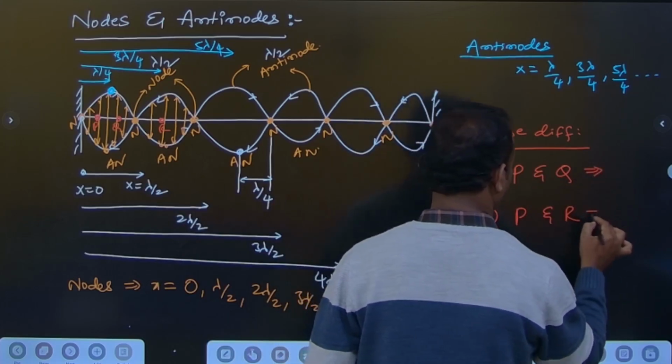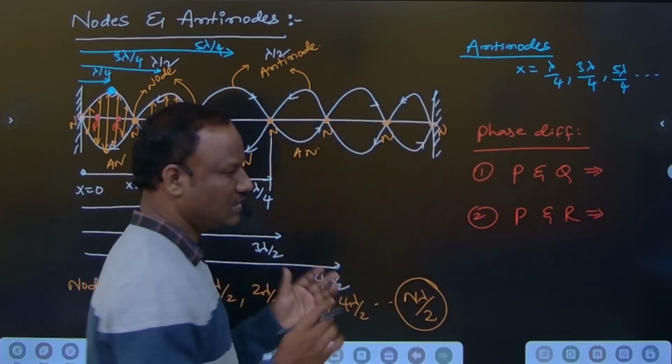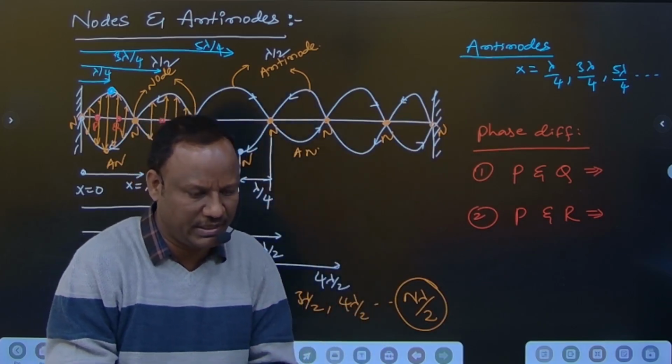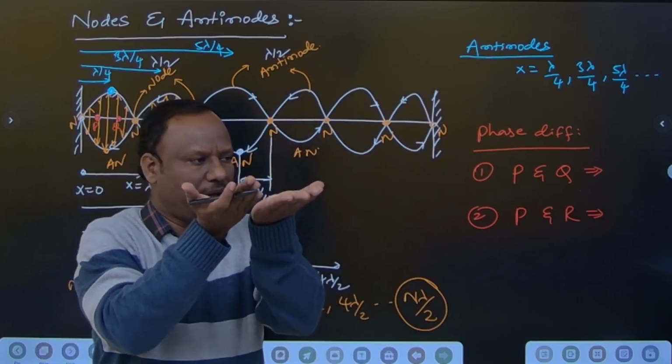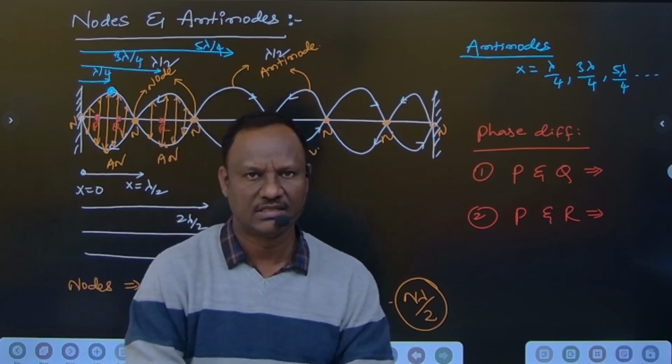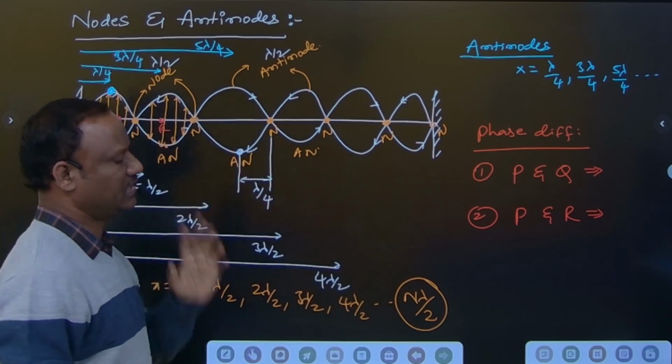One thing you need to remember: if all the particles are vibrating in the same direction, parallel to each other, they have the same phase. Same phase means the phase difference is 0.